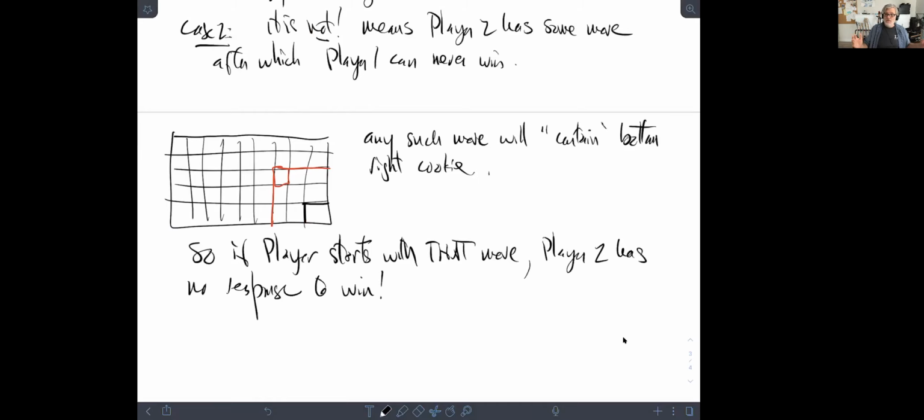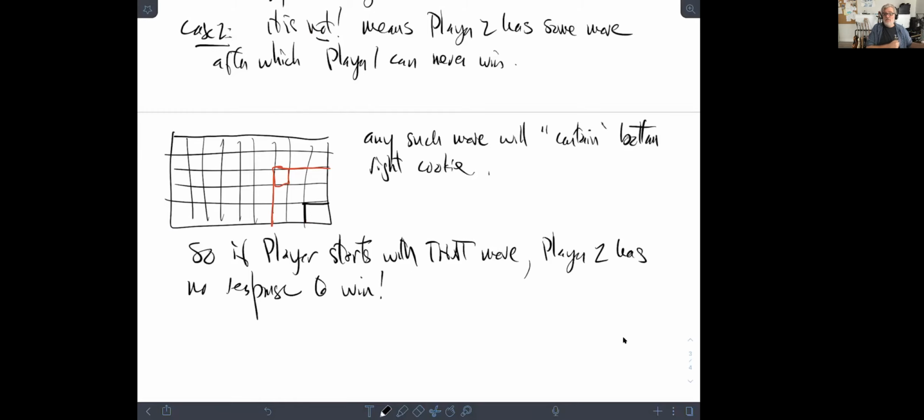we're done. Otherwise, it means player two has a response that will prevent player one from winning from that point on. So that means that if player one starts with that actual move, the red move I put here, then player two is forced to respond as player one would have been in the previous hypothesis. So then player two can never actually win after that.